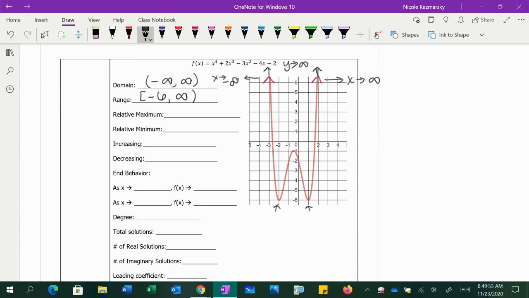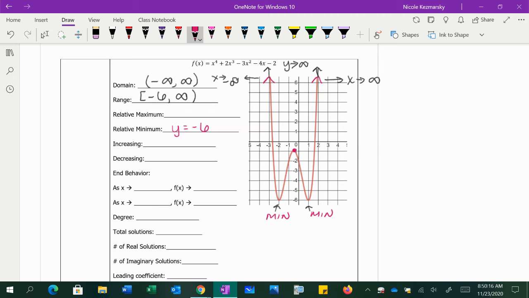So that helps us a little bit because if -6 is the lowest point that we can go and the graph turns around at those spots, well, those are relative minimum. And all we have to do is write once, y equals -6. We do have a relative maximum, so both of these are mins. I'll label them mins.